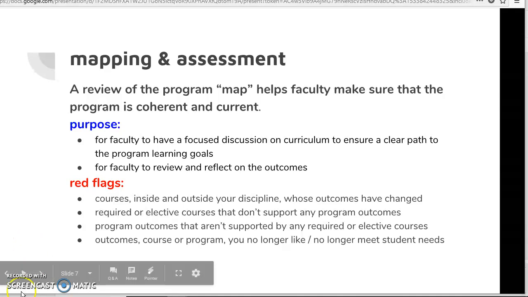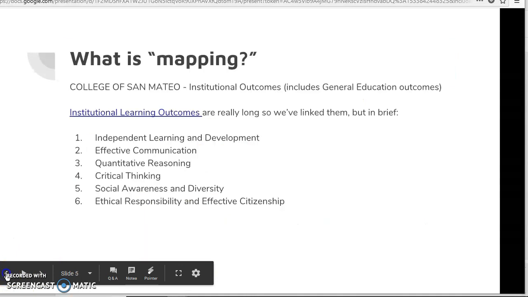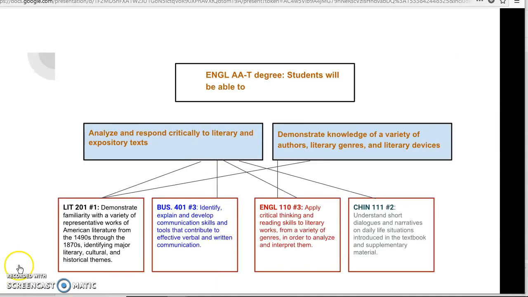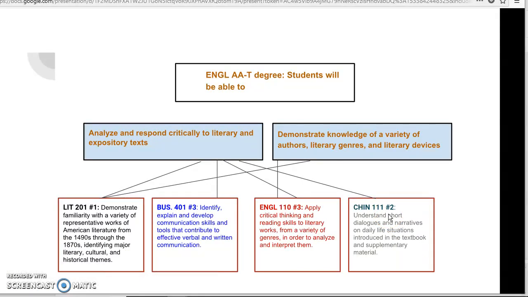Now, going back for a minute to the English degree one, they don't have to support them directly. Here, for instance, the Chinese class is one of all the language classes which are part of our English degree. In order to get an English degree, we feel like you really should have acquainted yourself at least a bit with another language.